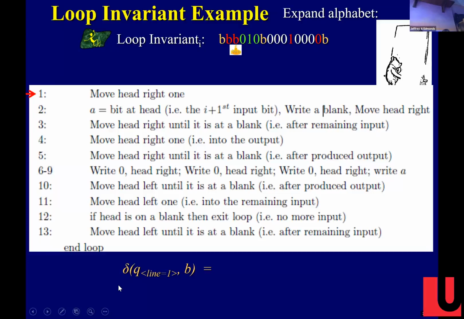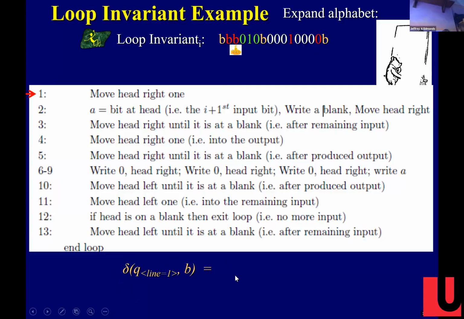All right, so let's pretend that things are the way they're supposed to be, right? I'm in line 1, and as I expect, I'm reading a blank, right? So now we're filling in one cell of the delta function. It says if you're in this exact state and you're reading this exact blank, what should you do?